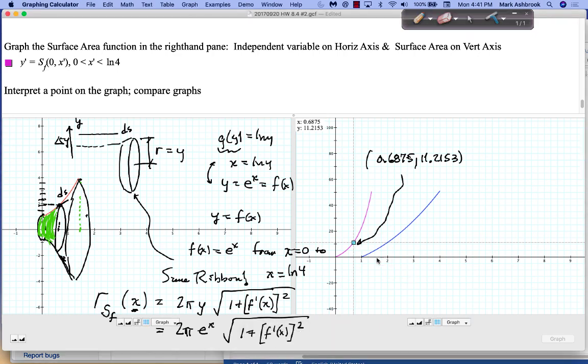So if I come over here and I grab this, I'm going to come up to ln of 4, which is the end of my curve right there. That's my ln of 4 value, and at ln of 4, lo and behold, the y value on this graph tells me the total surface area of the bell, which is the same as before.